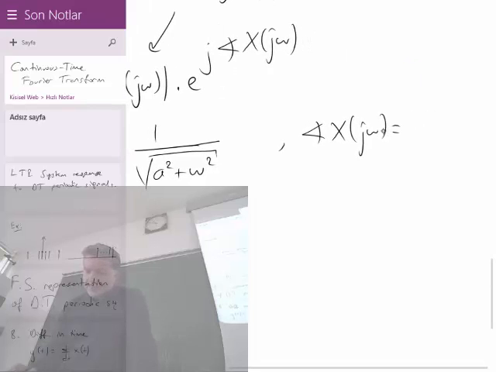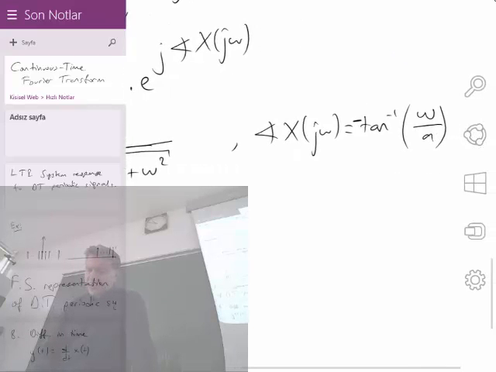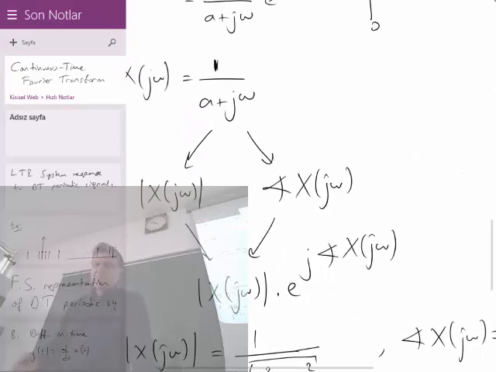Since it's in the denominator, it's the negative arctangent of the imaginary part divided by the real part. The imaginary part is omega and the real part is a. It is a plus j omega in the denominator. So the angle is arctangent omega over a. And if the expression is in the denominator, it makes a minus arctangent omega over a.